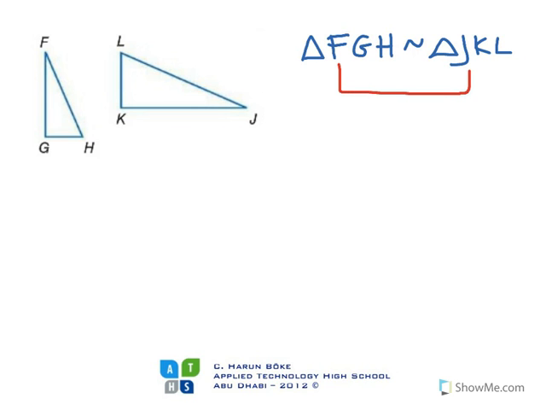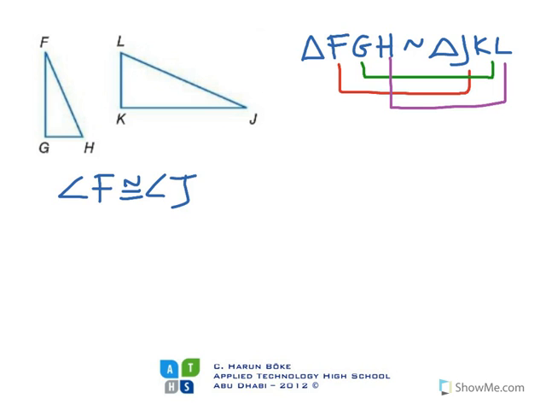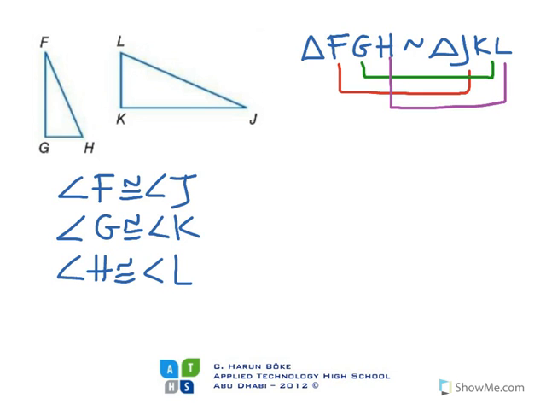So we will have F corresponding to J, and then we will have G corresponding to K, and then we will have H corresponding to L. So we can write the angle F is equivalent to the angle J, the angle G is equivalent to the angle K, and then the angle H is equivalent to the angle L. So this means the angle F here is the same as the angle J, the angle G is the same as the angle K, and then the angle H is the same as the angle L.